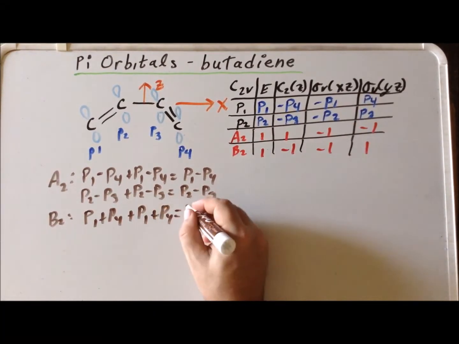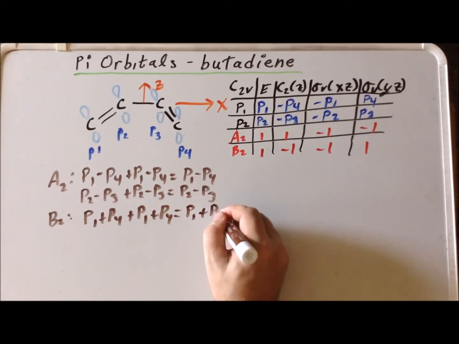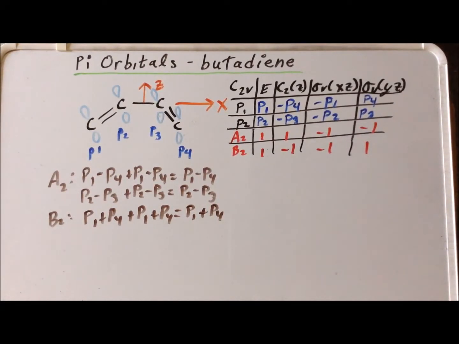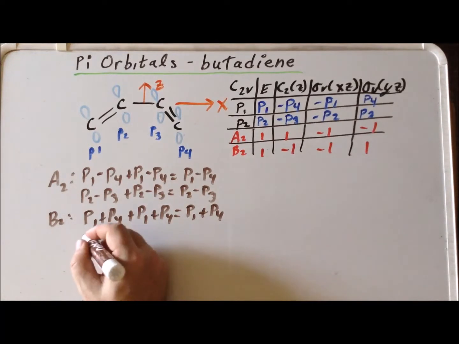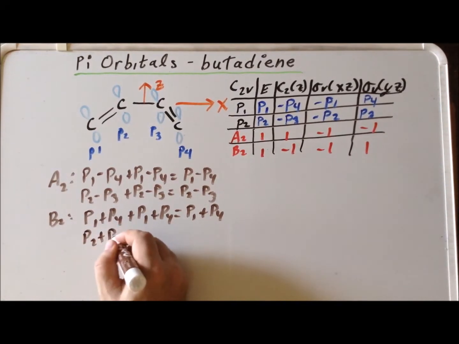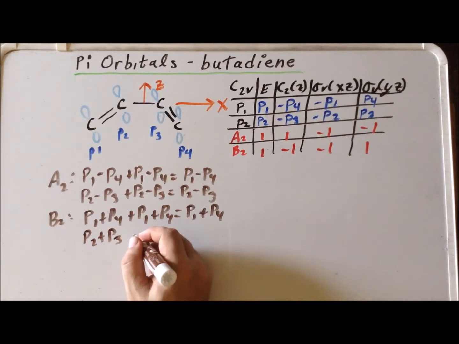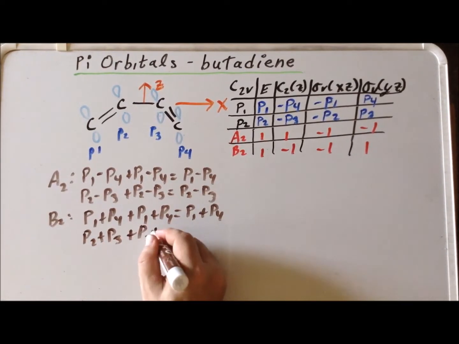And we can reduce that to P1 plus P4. Then for the second B2 combination, we multiply by the entries for the P2 row. So that's going to give us P2 plus P3 plus P2 plus P3.